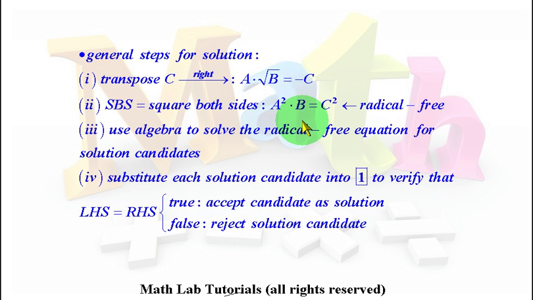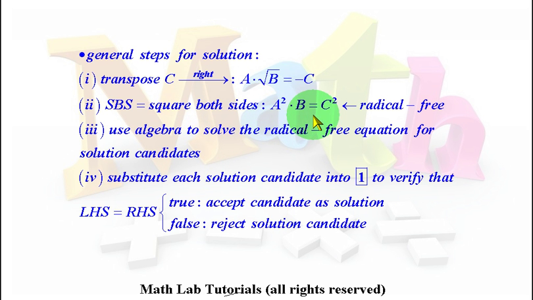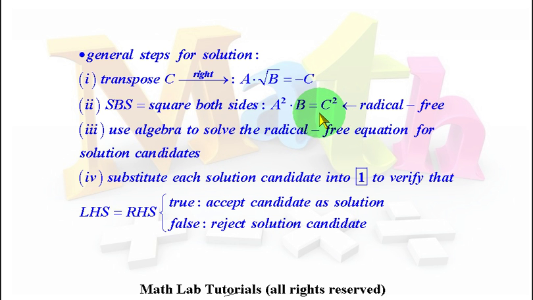In other words, going back, this equation over here is not necessarily equivalent to this over here. You may introduce solutions that are in fact solutions of the squared equation, but not the original. So we have to be careful with that.